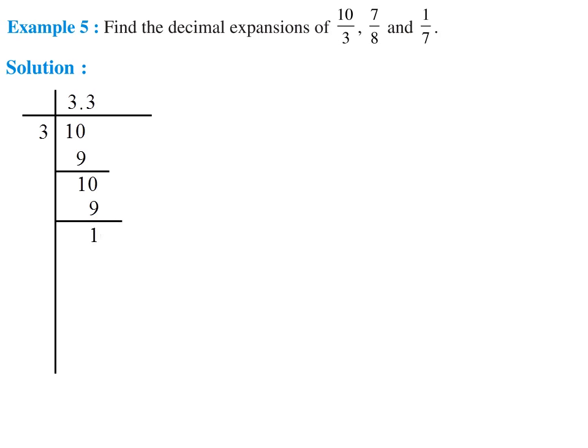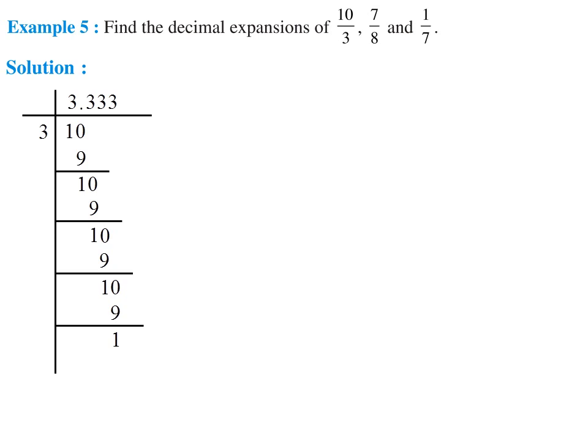Again 0 taking carry forward, so again it will become 10. Again we have multiplied by 3, so the number will become 9, and the remainder will be 1. Again next 0 taking carry forward, it will become 10, and again the remainder will be 1.